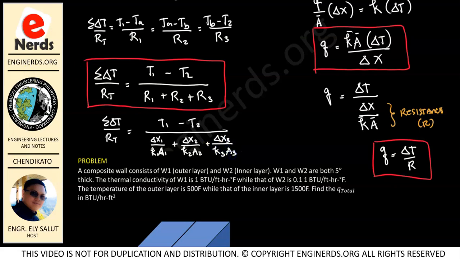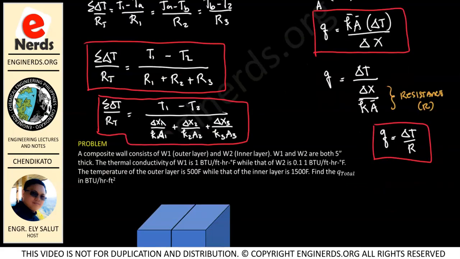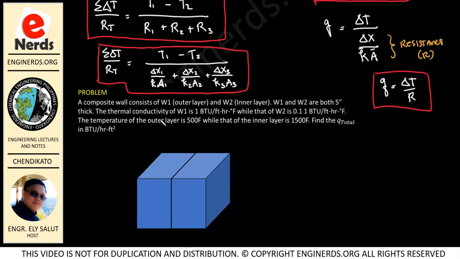So basically that is the same thing. But this equation is rather long if that is what we have to remember. To simplify that, we introduce the resistance R. If you remember in our lecture about conduction, we told you to take note of this resistance R because it is easier to remember. So you can apply this when you are studying for conduction in series.